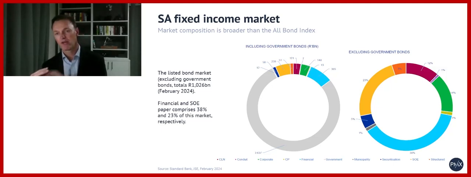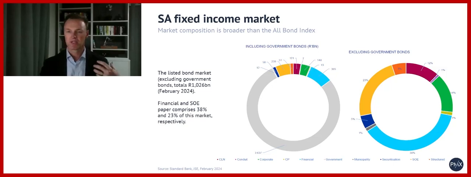So the rest of the bonds on this wagon wheel are the other corporate credit type bonds. You'll notice it's dominated by the blue area here, which is the financial services bonds, predominantly the banks, but also the insurance companies. These tend to be the best quality and most liquid in that credit market. And it's the area in the portfolio we manage when we move outside of government type debt.